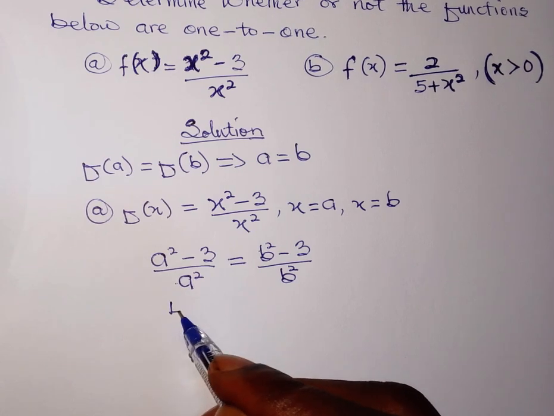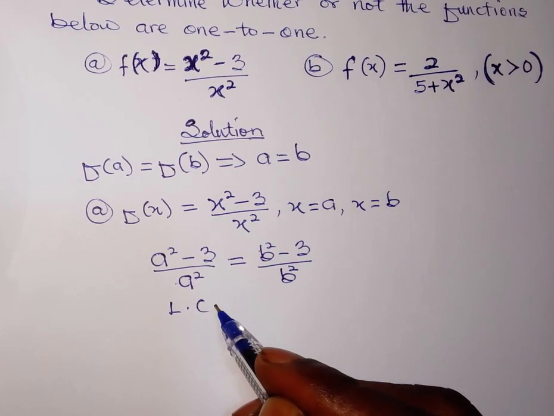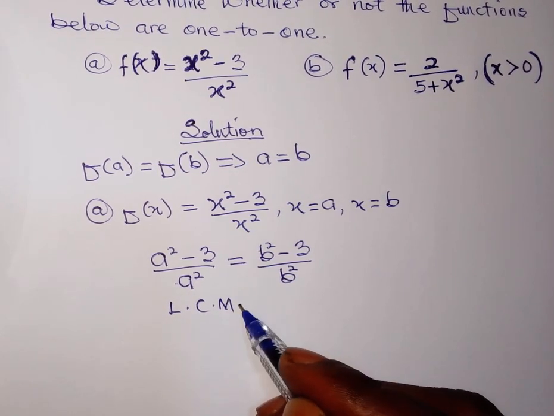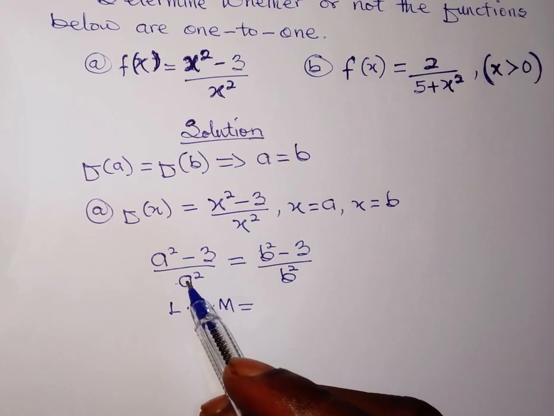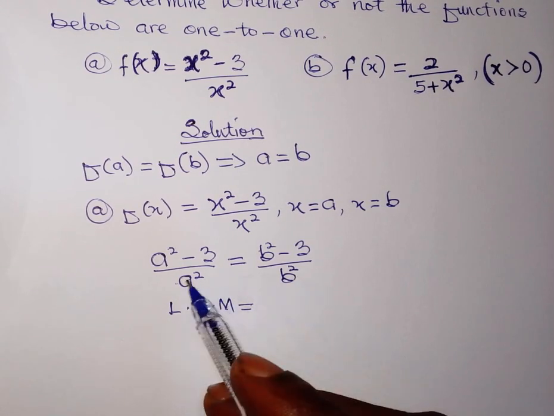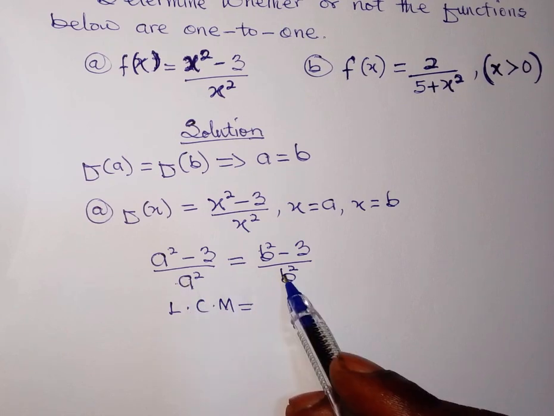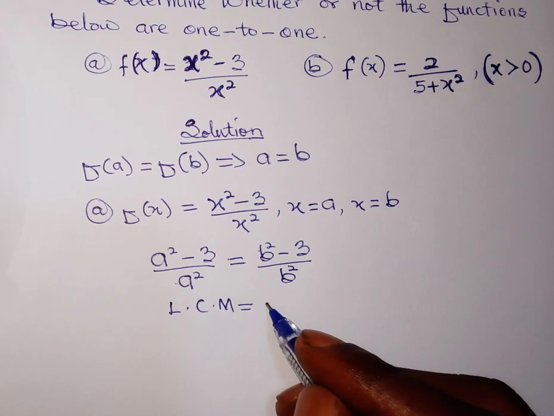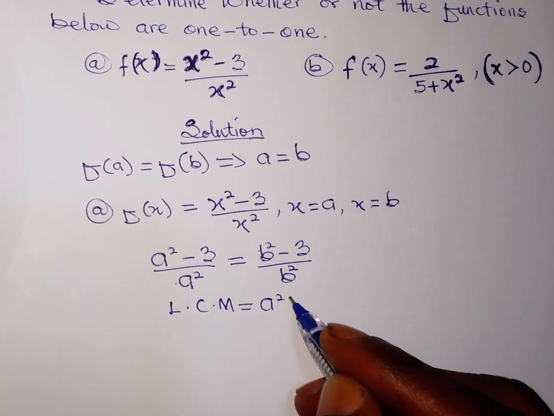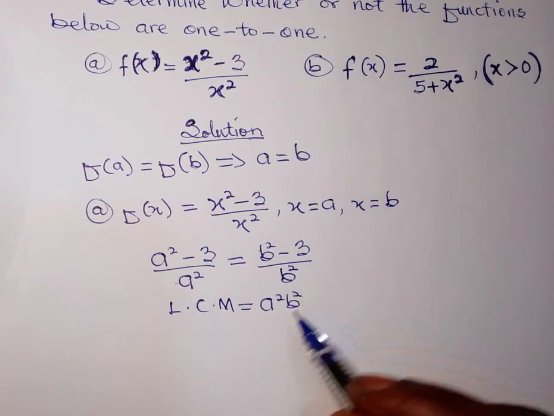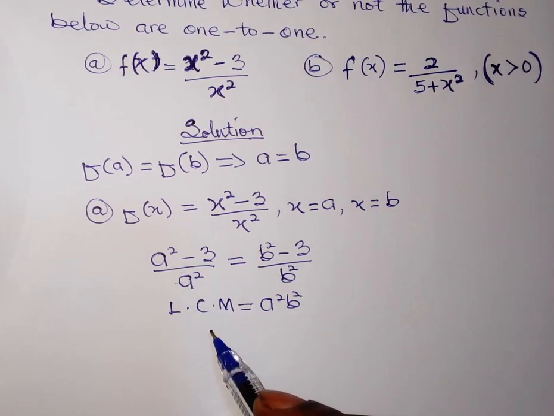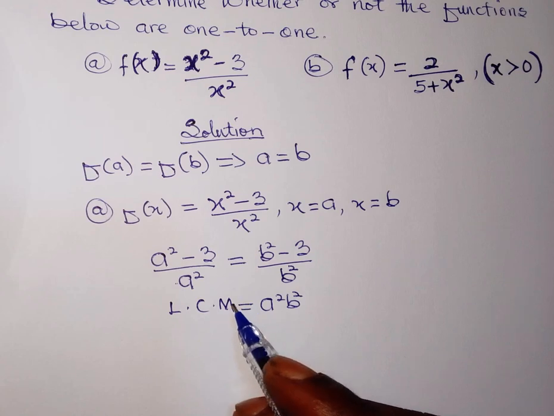Since the denominators are not the same, we multiply them to get the LCM. So my LCM is going to be a squared b squared, and this is what I'm going to multiply by each side of the equation.